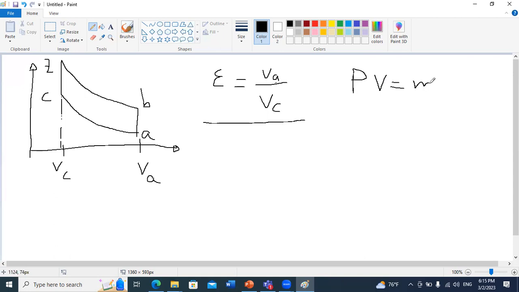Where m and R will be constant for the cycle because R is a property of the gas and m is the mass of the gas. So these are constant. So you can consider that for an ideal gas, PV over T is a constant.